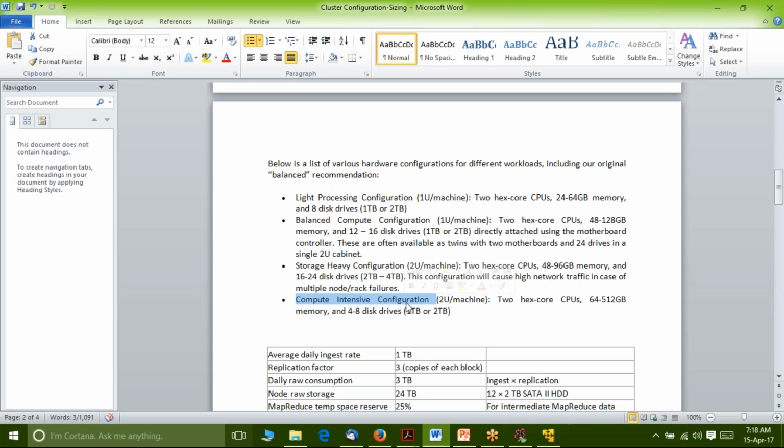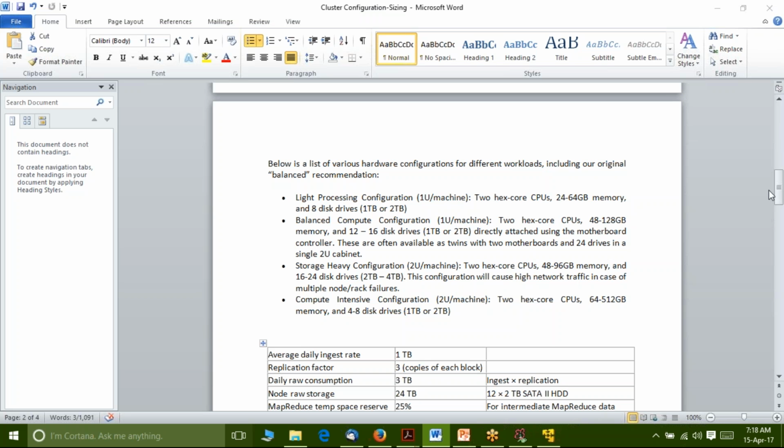I mean, basically, what is the purpose of setting up your cluster? Is it for storage purposes or for computing, I mean processing, purposes? Or is it for both? You will have an idea, right? Are you getting my point, friends?